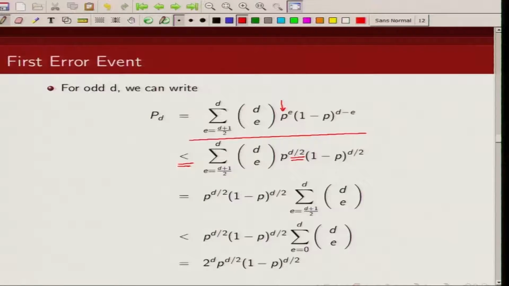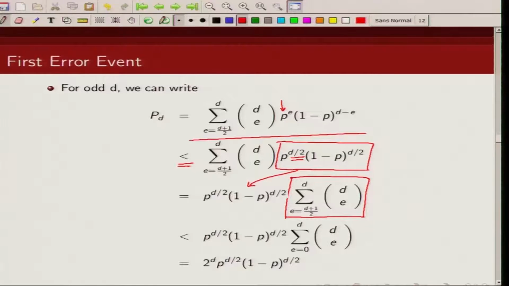Next, this term does not depend on e, so I can take it out. What I am left with is d choose e, where e goes from (d+1)/2 to d. Next, for upper bounding, I replaced the lower limit with e equal to 0.